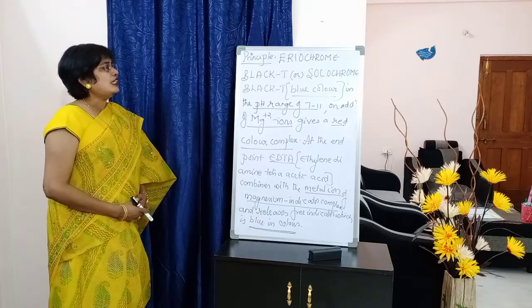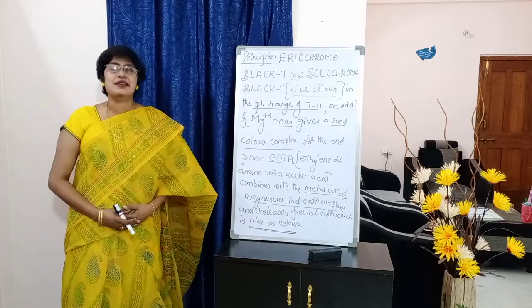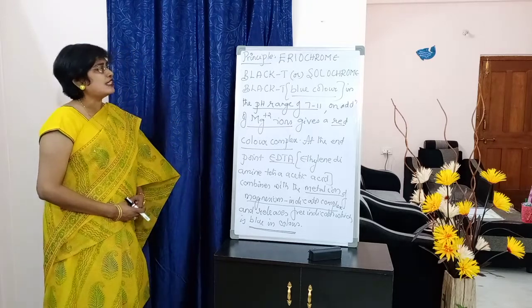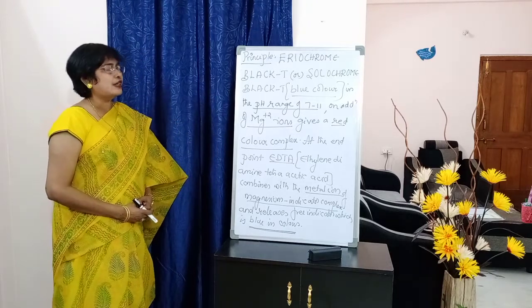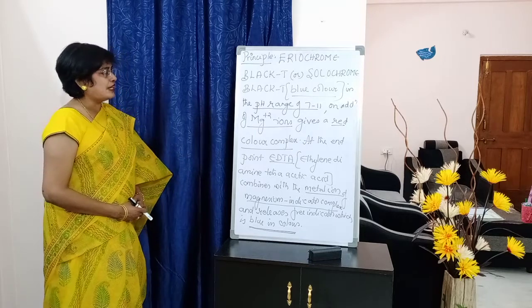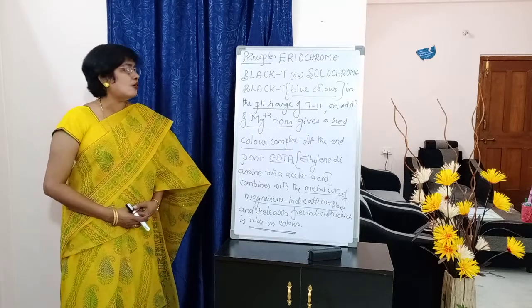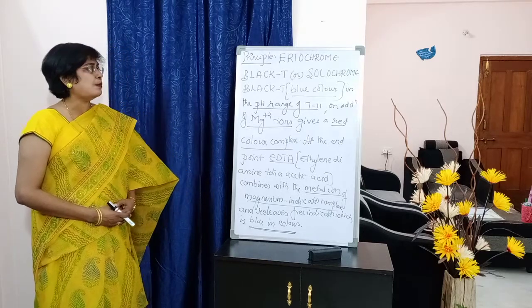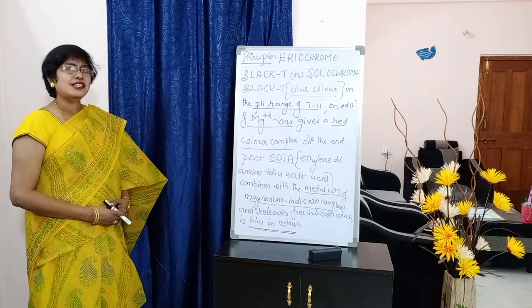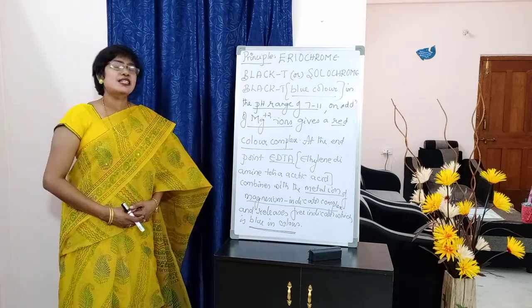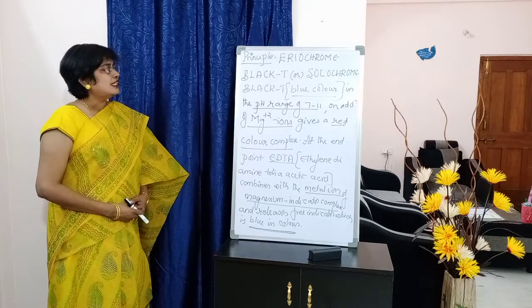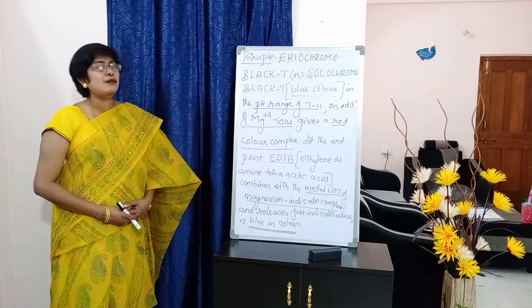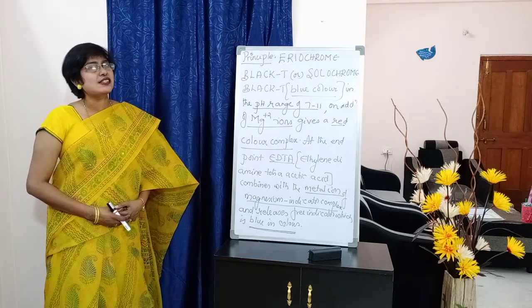Okay, so in the pH range of 7 to 11, students, in some textbooks you will find 8 to 10.5 like that. So you can round it off as 7 to 11. Okay, in the pH range of 7 to 11, on addition of Mg+2 ions, EBT indicator gives a red colored complex, which is nothing but the magnesium indicator complex, which is red in color.